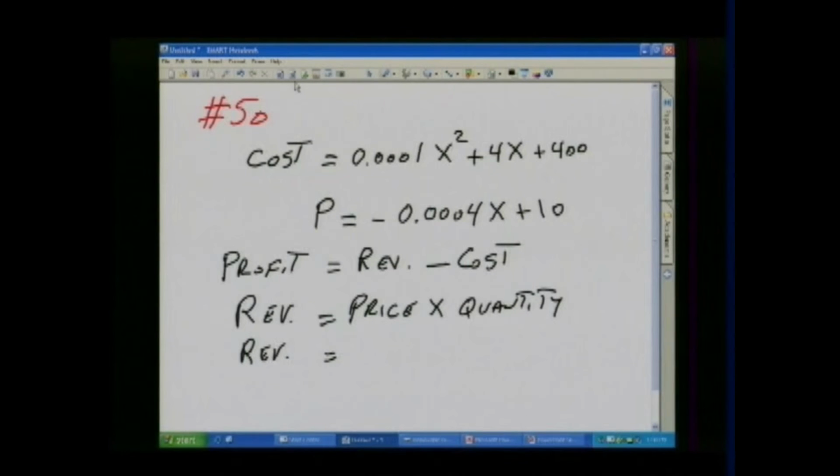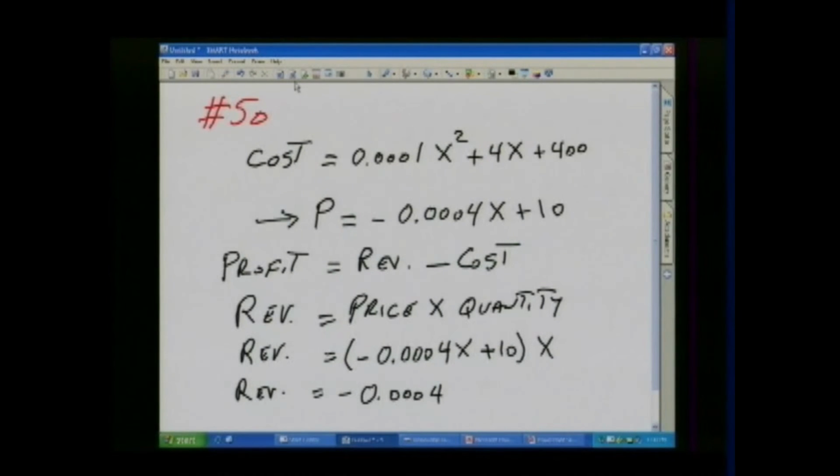Price is given up here, so minus 0.0004x plus 10 multiplied by quantity. Quantity is x. So therefore revenue would be equal to minus 0.0004x squared plus 10x.